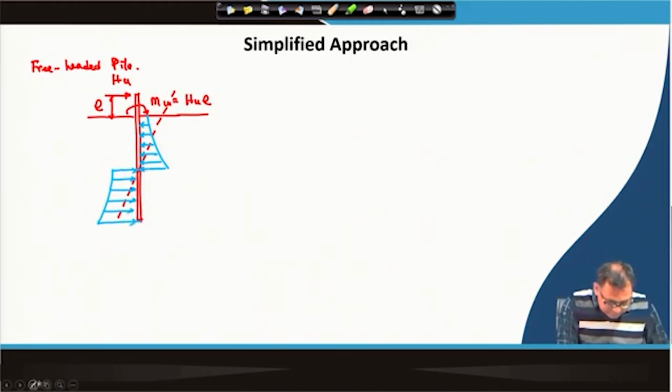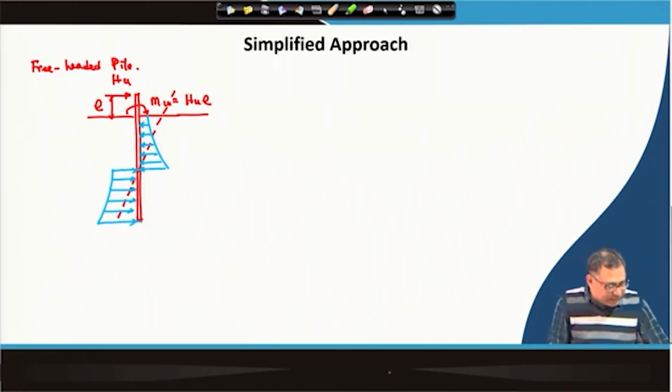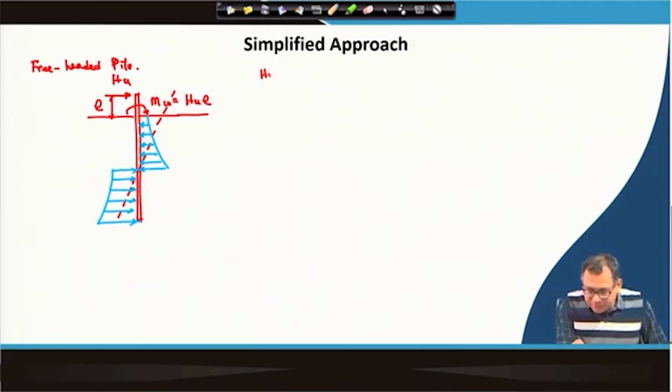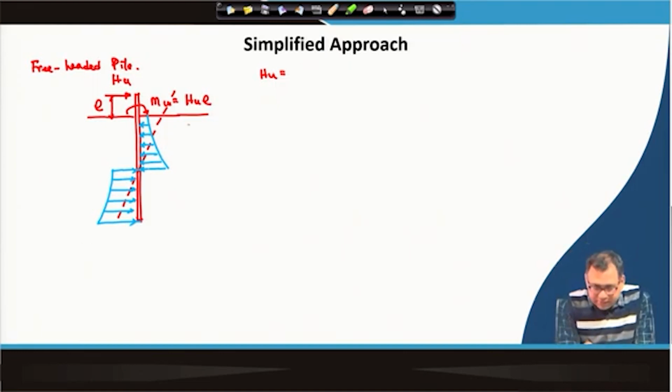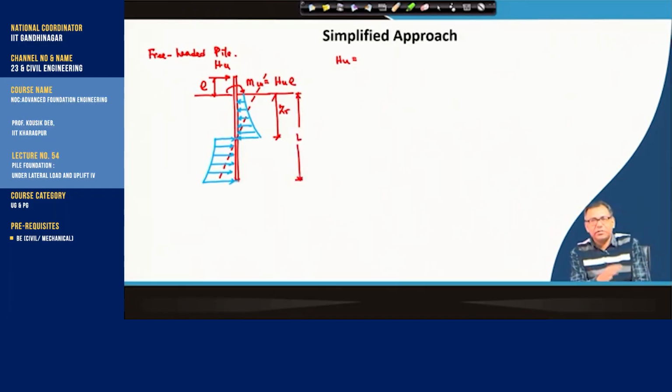How will we calculate by this distribution? I am showing one particular case, that HU will be equal to this net reaction. Suppose this is the z r, where z r is the point of rotation, where the soil distribution changes from passive resistance in the upper portion, or within the z r portion, it is acting from right to left, and below it is acting from left to right.